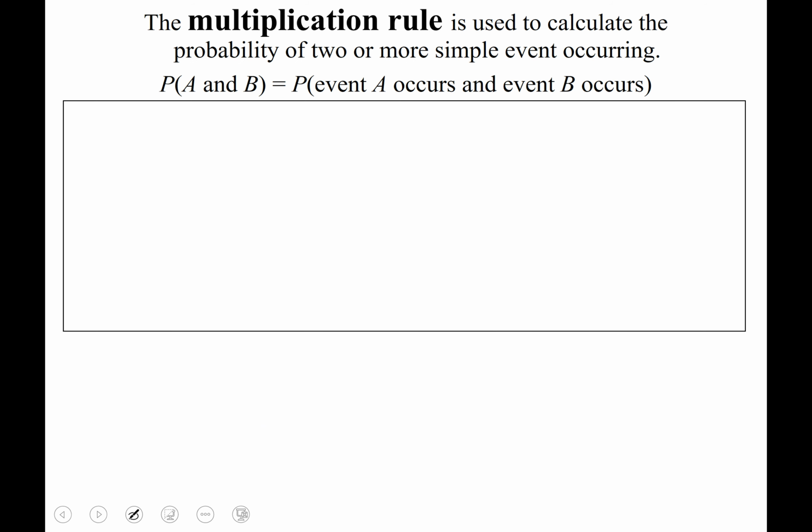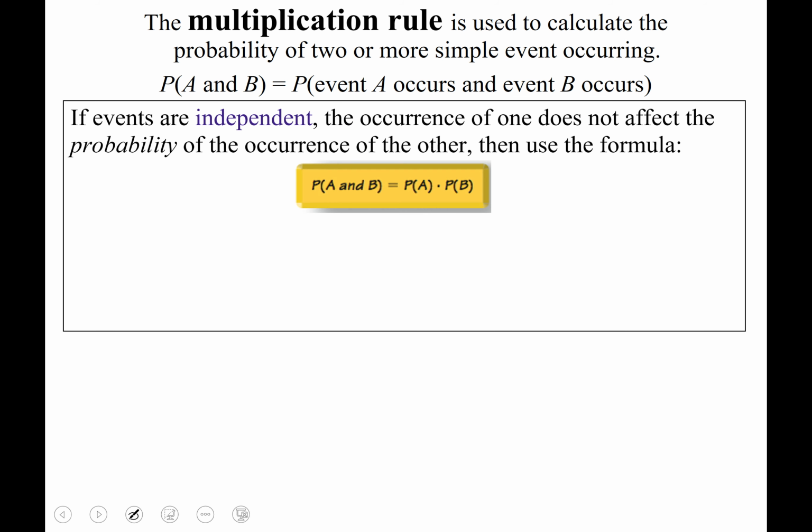Okay, that was all on the addition rule, which takes place when the word is or, this event or that event. But the multiplication rule is applied when we have the word and. This event occurs and that event occurs. If that's the case, we're going to apply the multiplication rule.